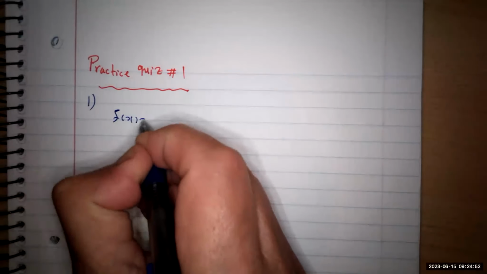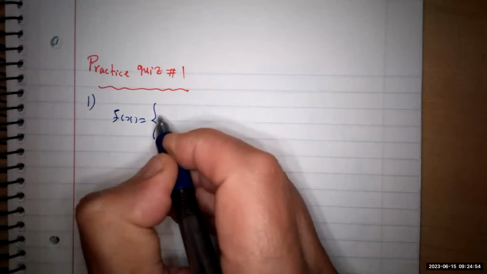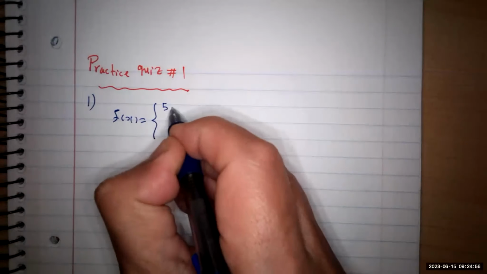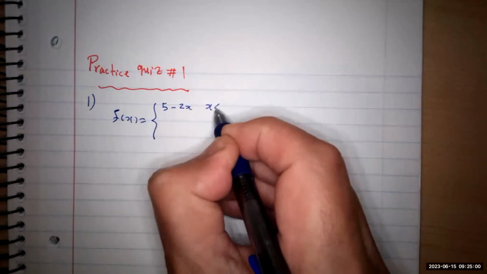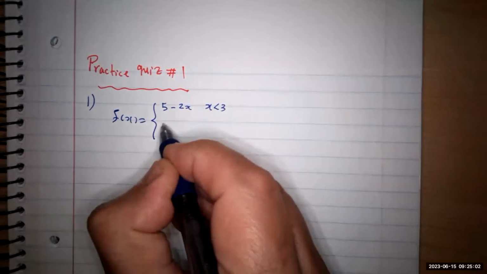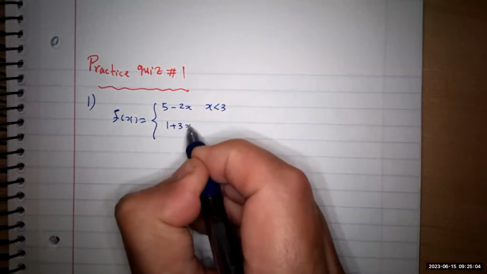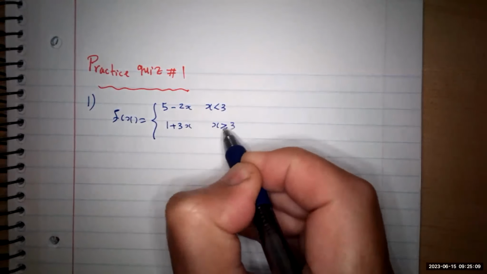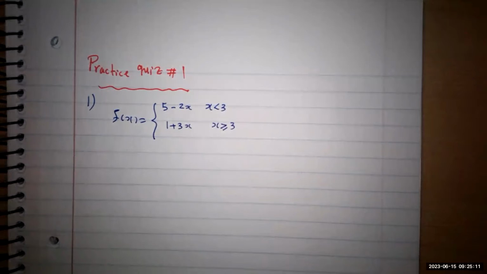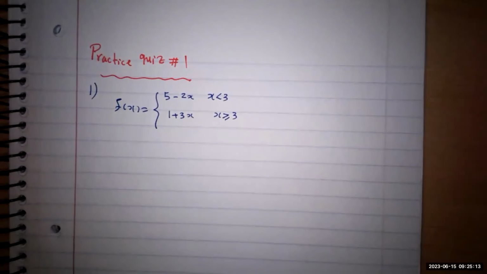Number 1, this is your function: f of x equals piecewise defined, 5 minus 2x when x is less than 3, and 1 plus 3x when x is greater than or equal to 3. And they ask for the behavior of the function at 3.